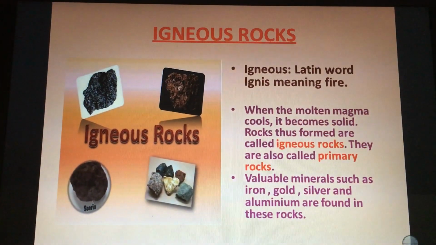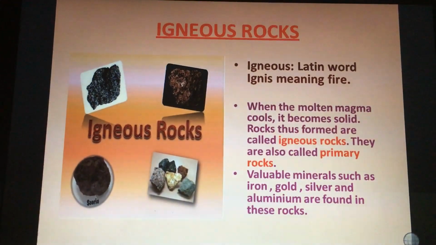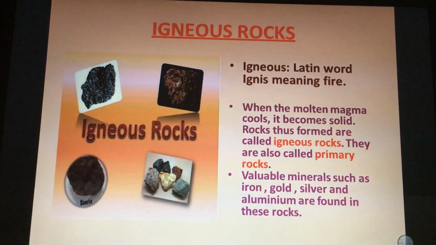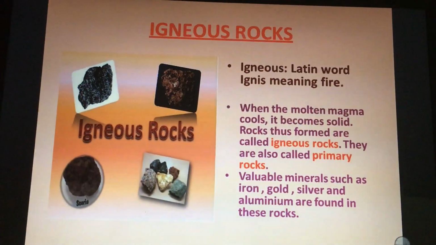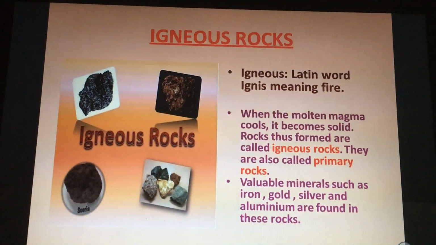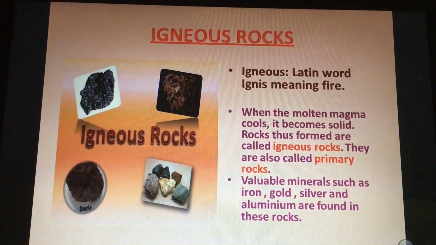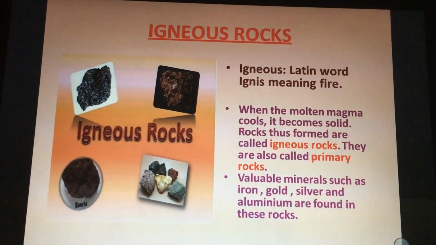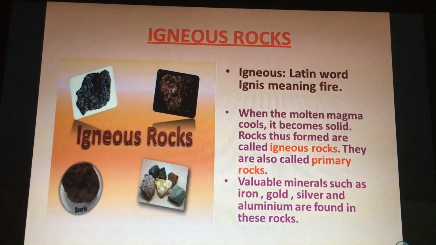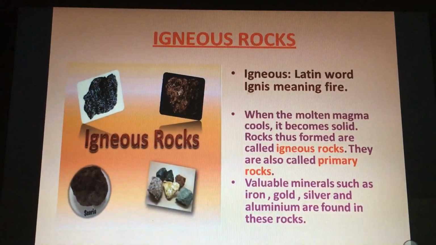We can also call it volcanoes. It becomes solid. Rocks thus formed are called igneous rocks. They are also called primary rocks. So they have two names, igneous and primary rocks. Valuable minerals such as iron, gold, silver and aluminium are found in these types of rock.